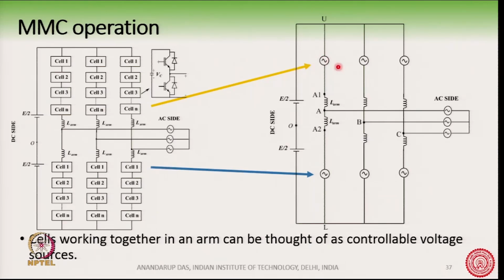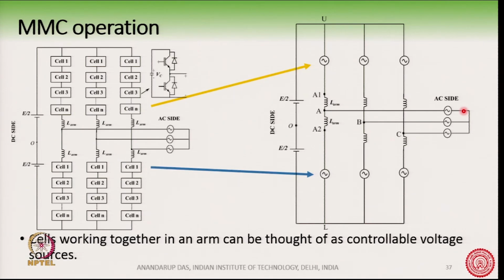So, you can see here 3 controllable voltage sources in the upper arm and 3 controllable voltage sources in the lower arm, and then you have the grid or the AC side or the motor here, and you have a DC side here. So, you can send the power from the grid into the DC side for HVDC applications, and power can also flow from DC to AC when you want to invert it back.